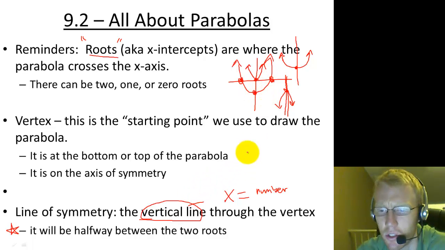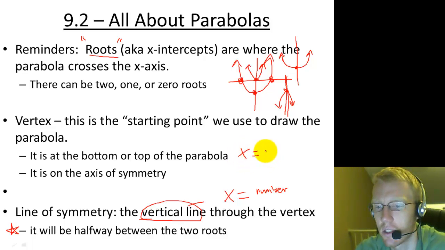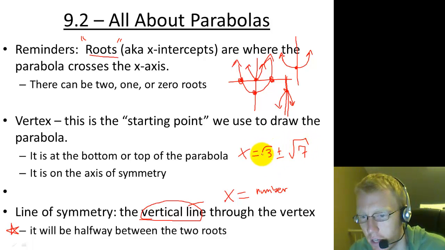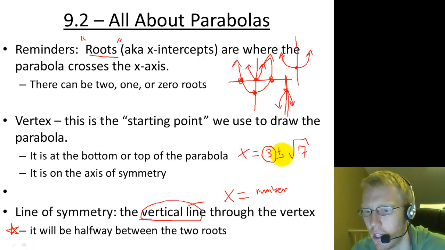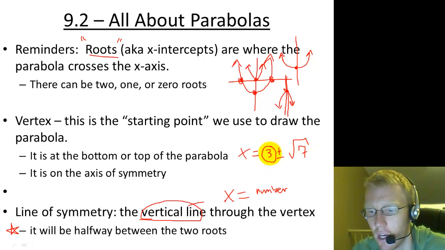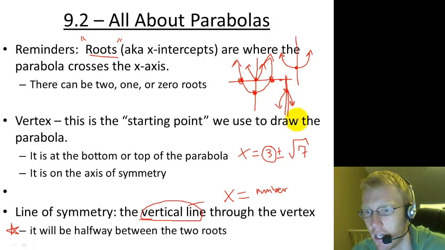A lot of times when you solve the equations in the previous couple sections, you might get x equals 3 plus or minus the square root of 7. Well, the 3 is halfway between the plus or minus root 7. So 3 tells you that's your vertex, and then the plus root 7 is this way, and the minus root 7 is this way.